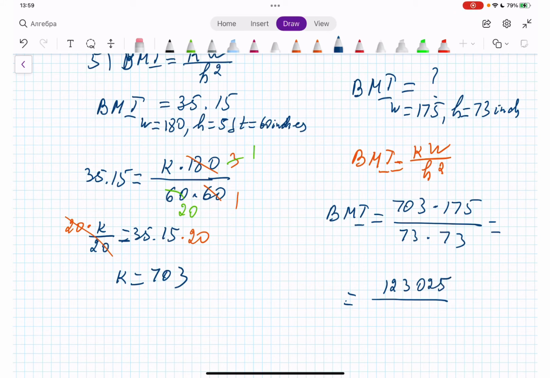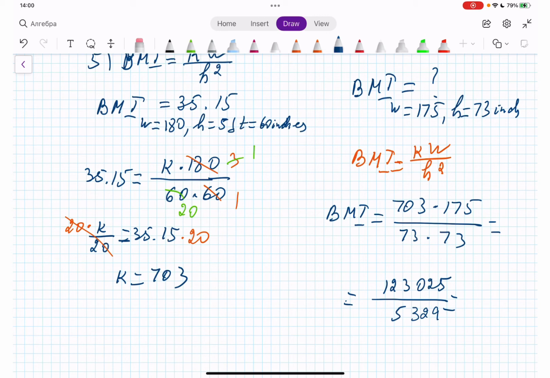and 73 squared, 73 times 73, I'm getting 5,329. Okay, let's divide 123,025 divided by 5,329.